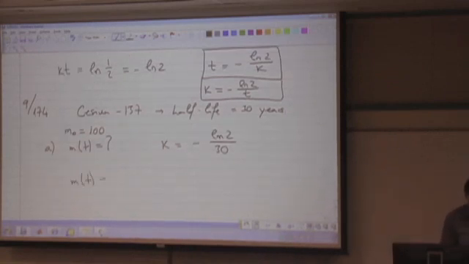m of t is equal to, well, whatever that number is. Anybody have a calculator? Since it just looks ugly.